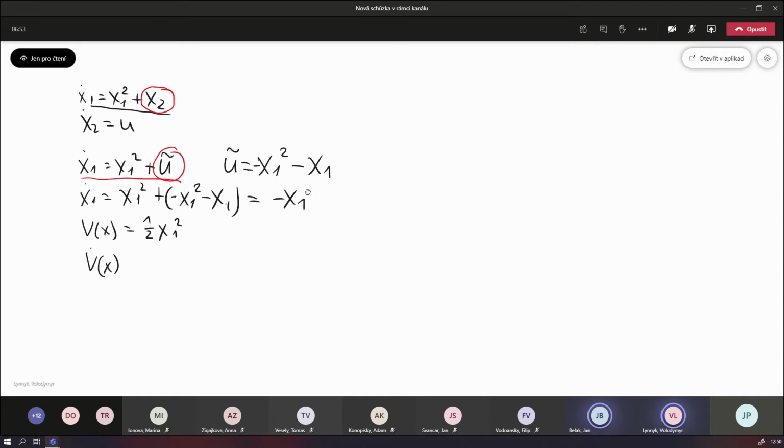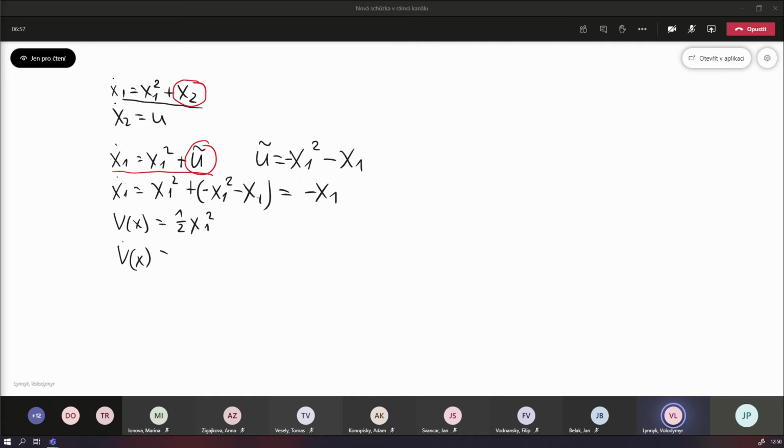Okay, V dot of x, not 1/2 but now, x1 dot is equal to minus x1. We take this x1 dot and put it here: x1 times x1 squared minus x1 squared minus x1 is equal to minus x1 squared.